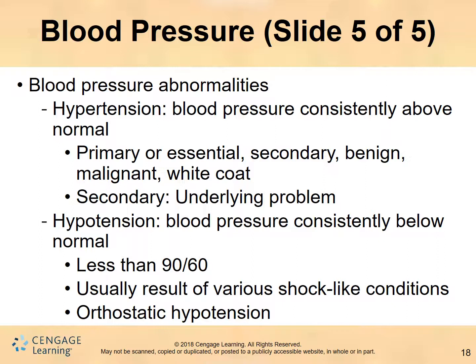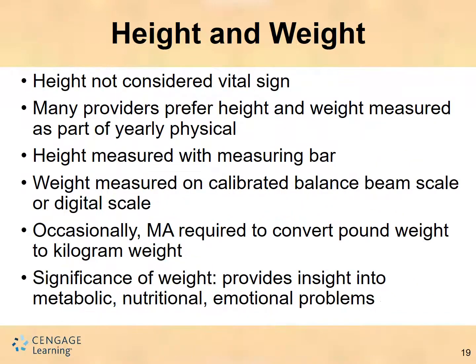Hypotension, the blood pressure is consistently below normal, less than 90/60. It's usually a result of shock-like conditions like blood loss or other kinds of shock. And orthostatic hypotension has to do with the position that the patient is in. For instance, if somebody gets up really fast and their blood pressure drops.